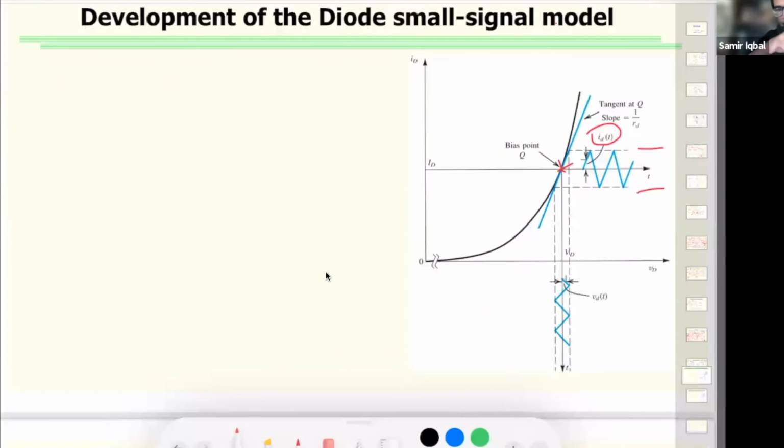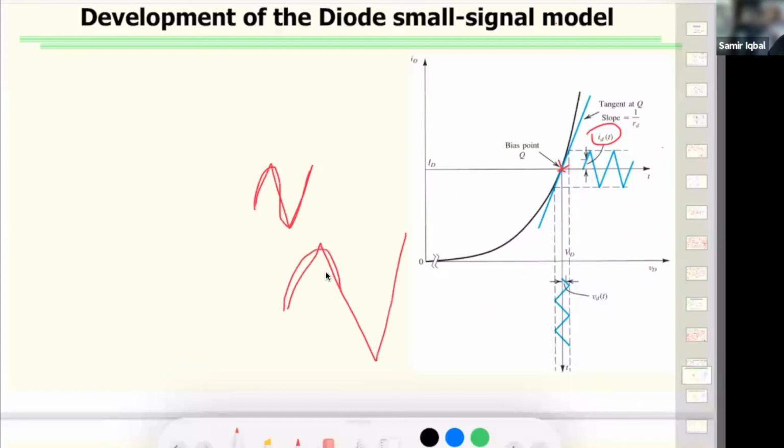And that's kind of a spiky wave, which is coming because of that small signal riding on top of the DC signal. The amplitude is so small that it is going like this, but we can approximate it like this.